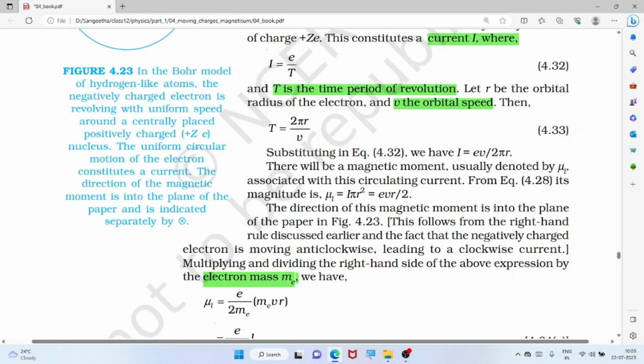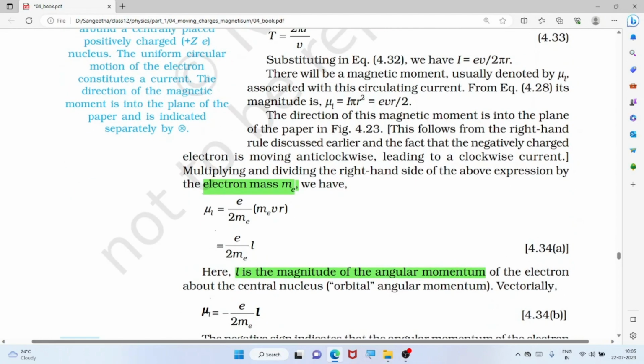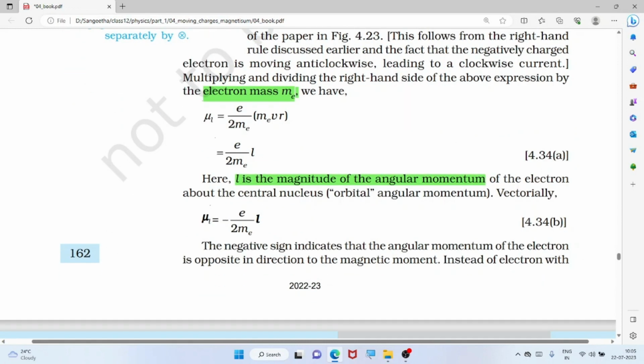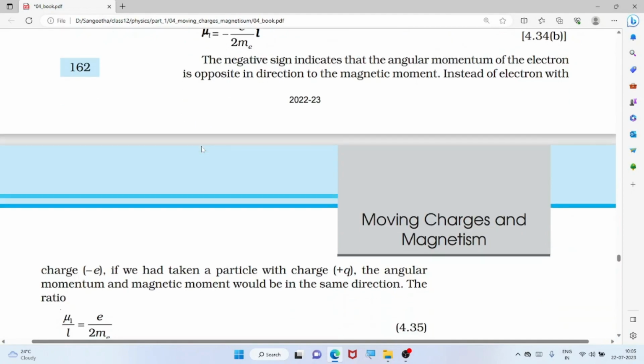Current due to the electron movement. Here m is the mass of the electron. Then the magnitude of the angular momentum.